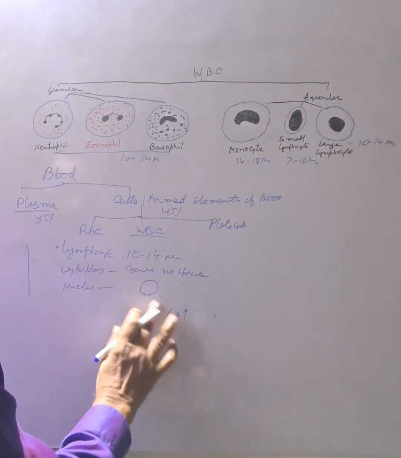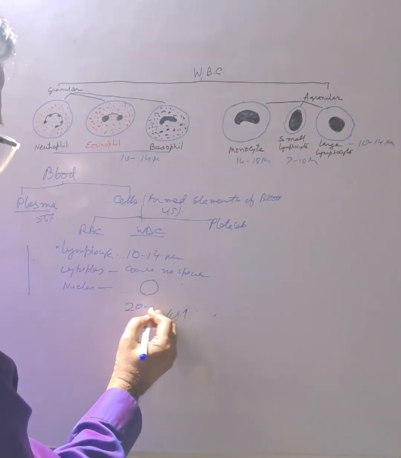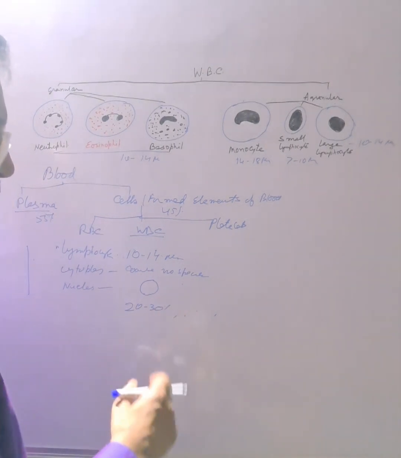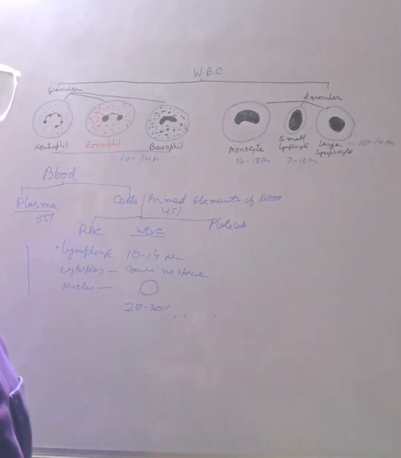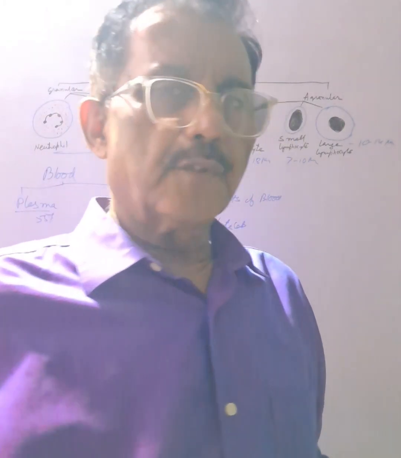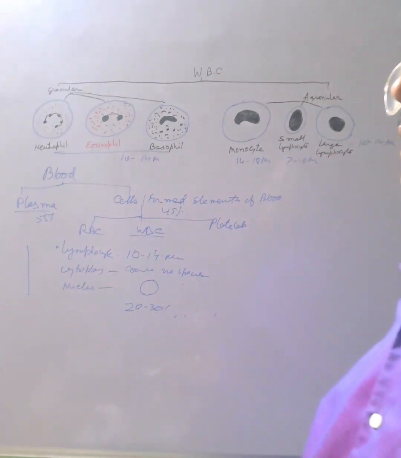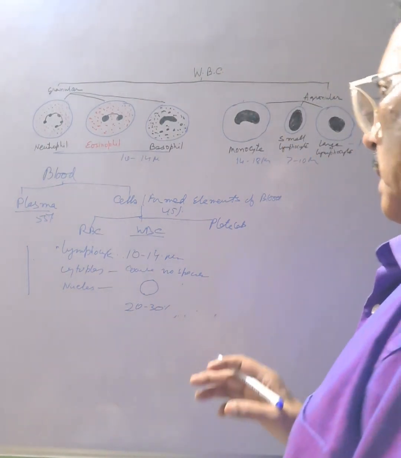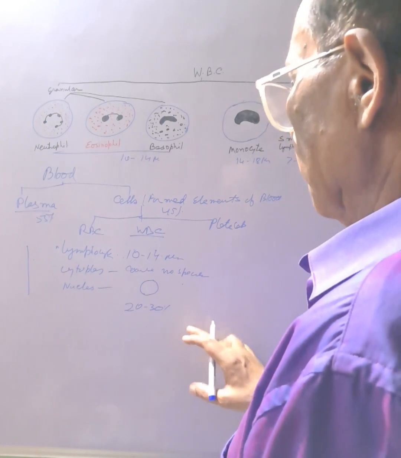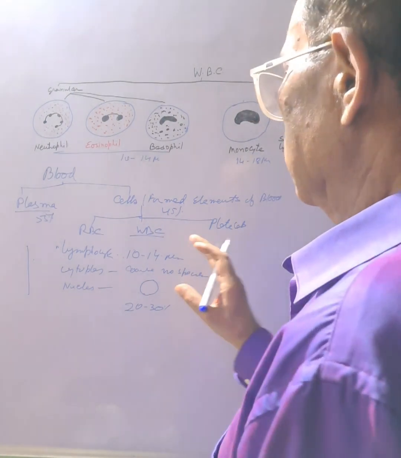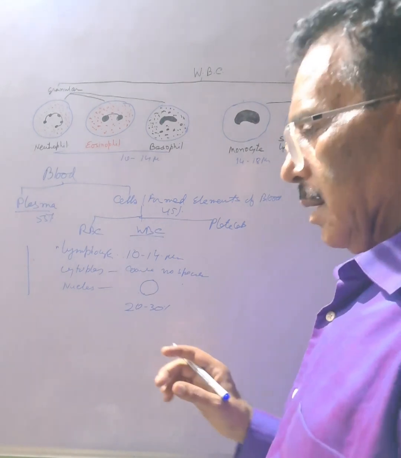It is about 20 to 30%. When it is more than 30%, it is known as lymphocytosis, and when it is less than 20%, it is lymphopenia. Okay, this is about the different types of WBC.